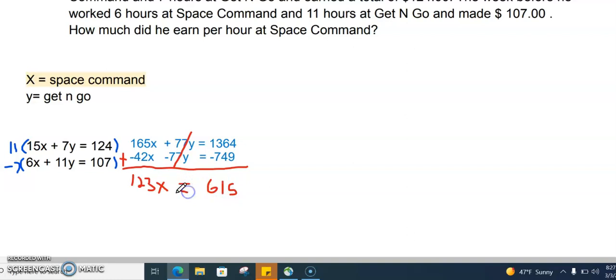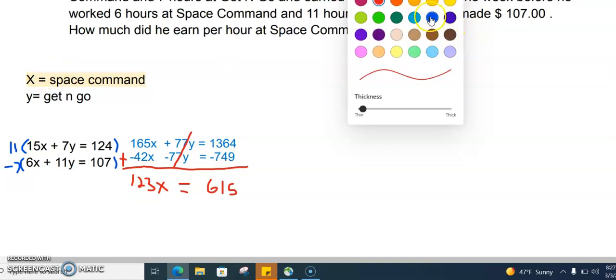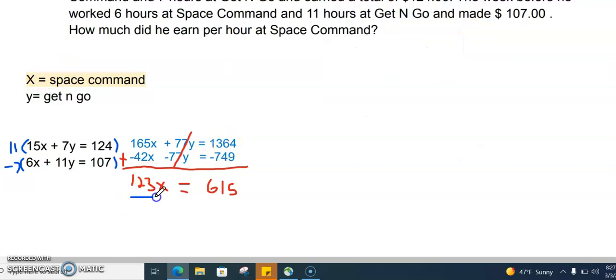And now I just have to solve for X. Remember, I'm solving for how many hours will work at the Space Command, so that's what I'm trying to solve for, X. So if 123 is being multiplied by X, I want to do the opposite of multiplication. So I'm going to divide both sides by 123. And then 615 divided by 123 is equal to 5.